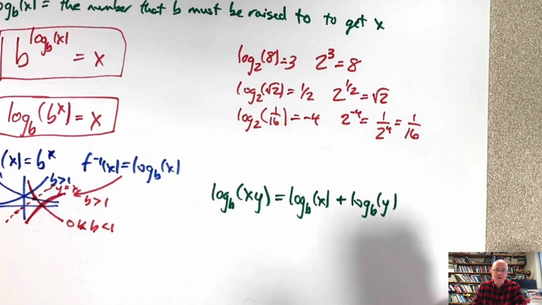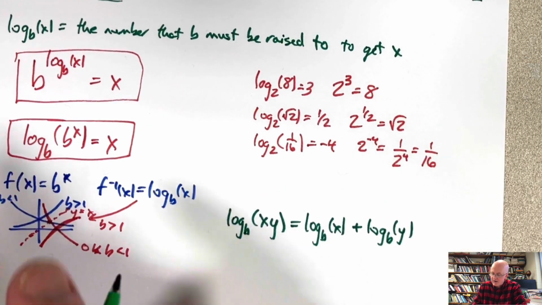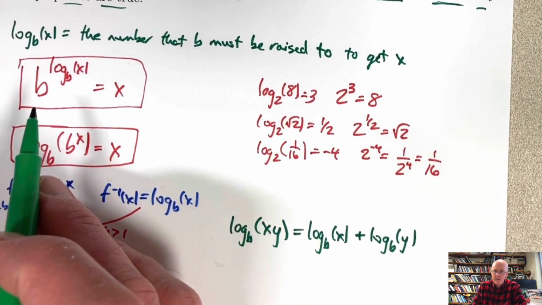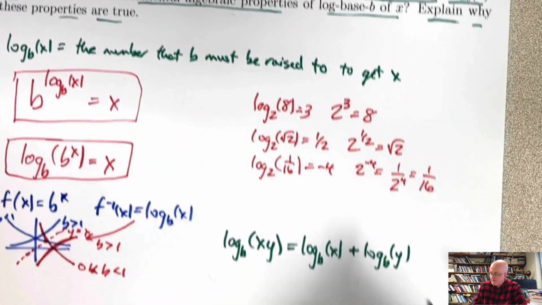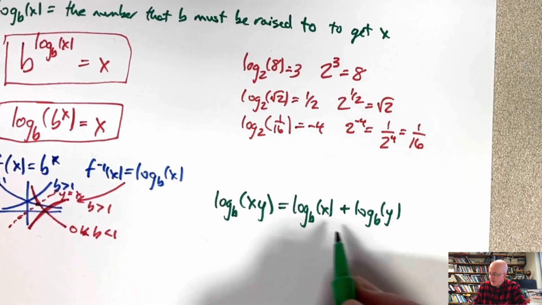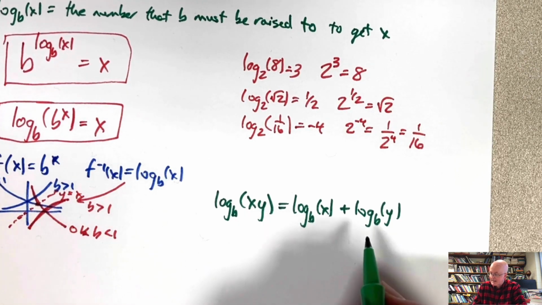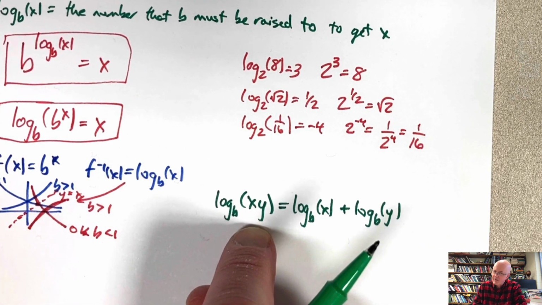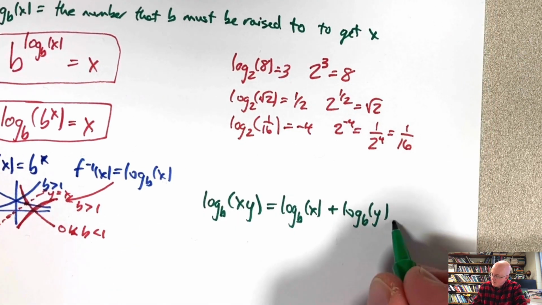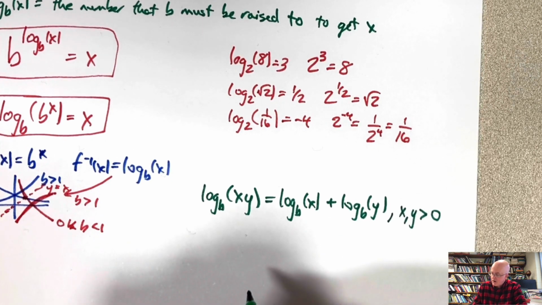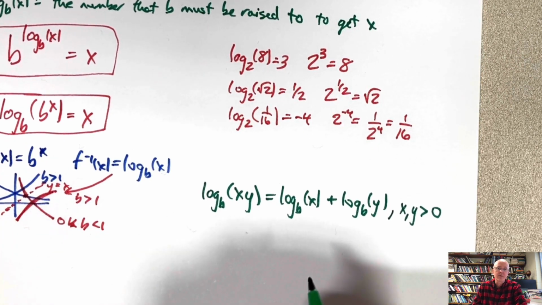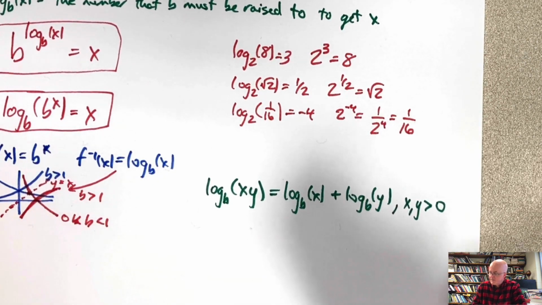It is assumed here, by the way, as I said at the beginning, that the input for this function is positive. So x and y both need to be positive for this side to make sense. Technically, if x and y were both negative, this side could make sense. But if we want this to be true, x and y both need to be positive so that the right side makes sense.